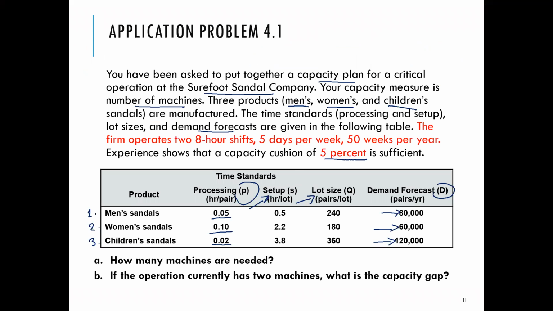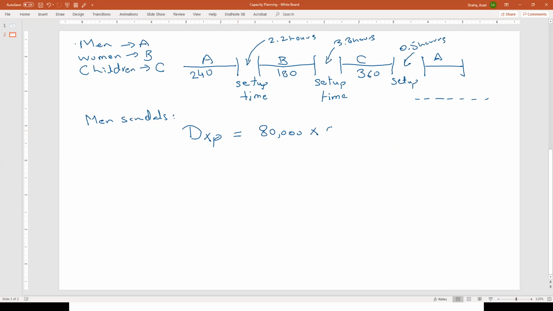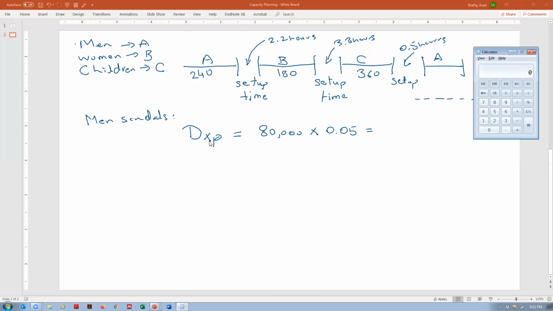Each pair takes 0.05 hours, times 0.05. Now, these are the number of hours we need to make this product. And I think I have a calculator here. It's 80,000 times 0.05. Let's do that. So we have 80,000 times 0.05, and this is 4,000 hours.